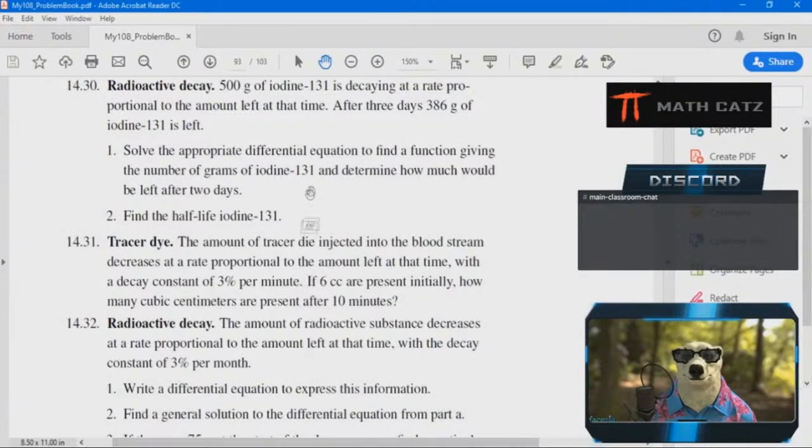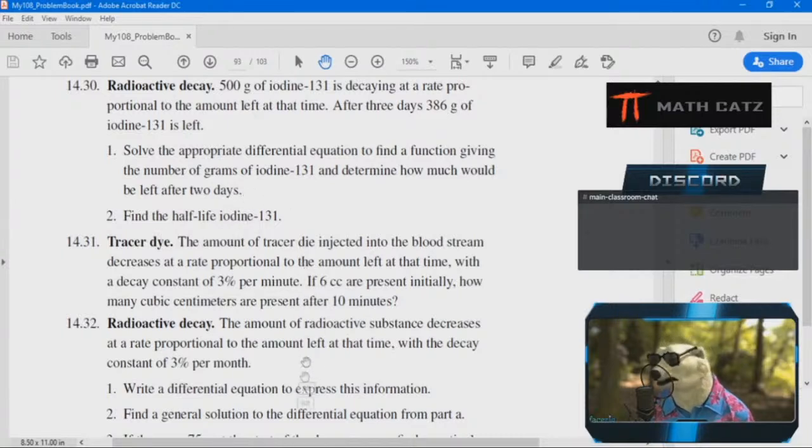Let's read it. 500 grams of iodine 131 is decaying at a rate proportional to the amount left at that time. That's a key sentence that gives us our differential equation. After 3 days, 386 grams of iodine 131 is left. Solve the appropriate differential equation to find a function giving the number of grams of iodine 131 and determine how much would be left after 2 days.